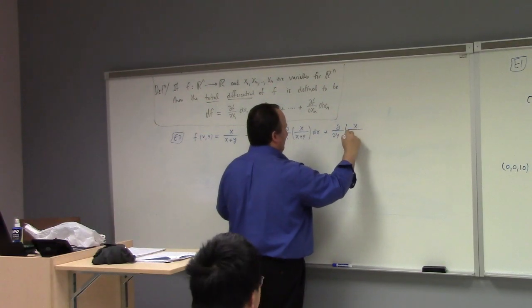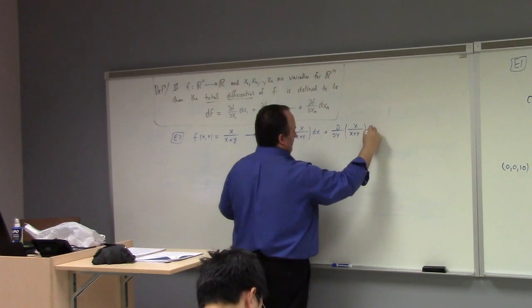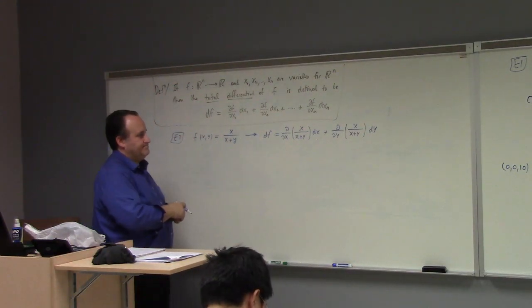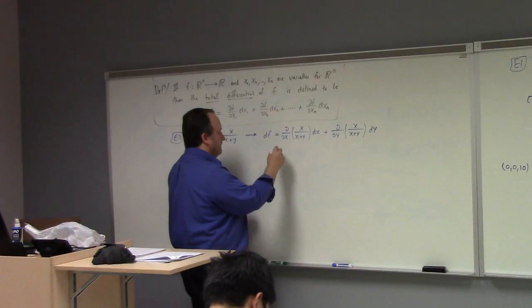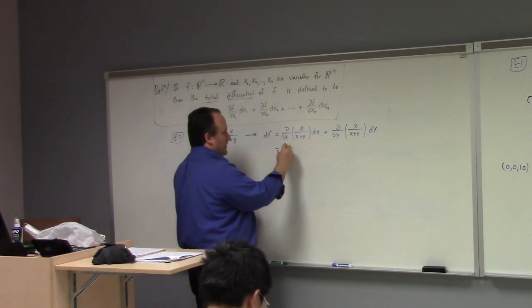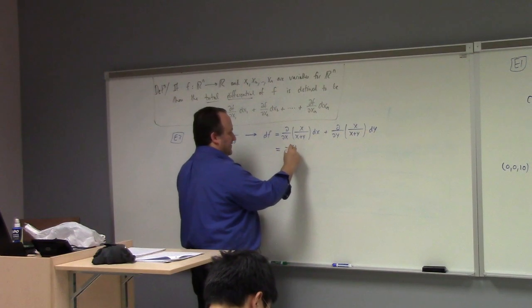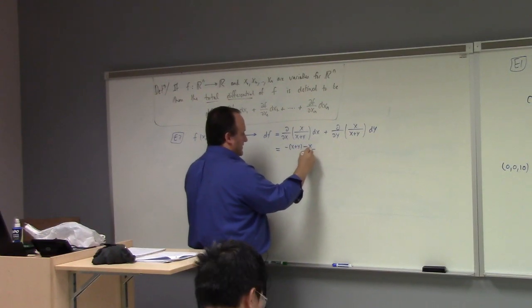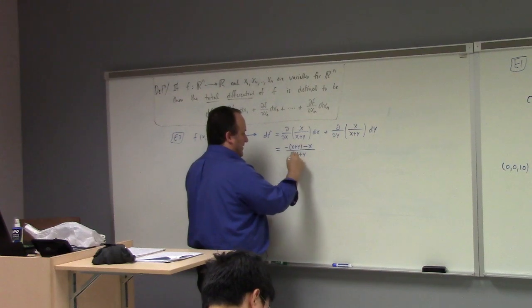So the first one is minus parentheses x plus y minus x, divided by x plus y quantity squared.